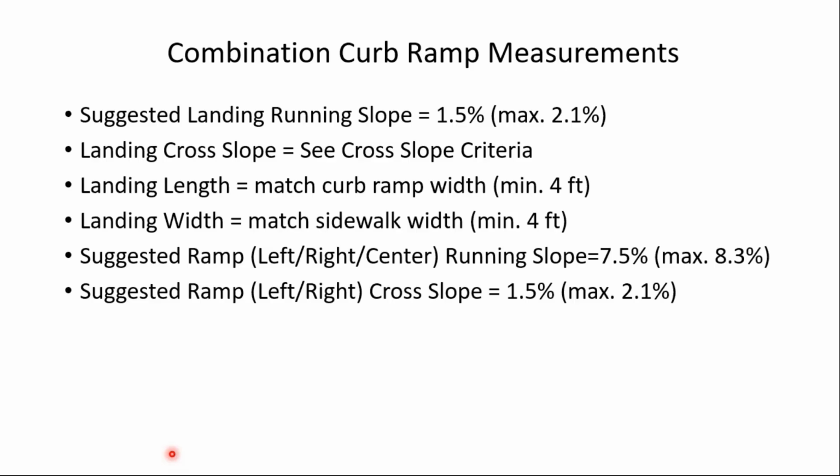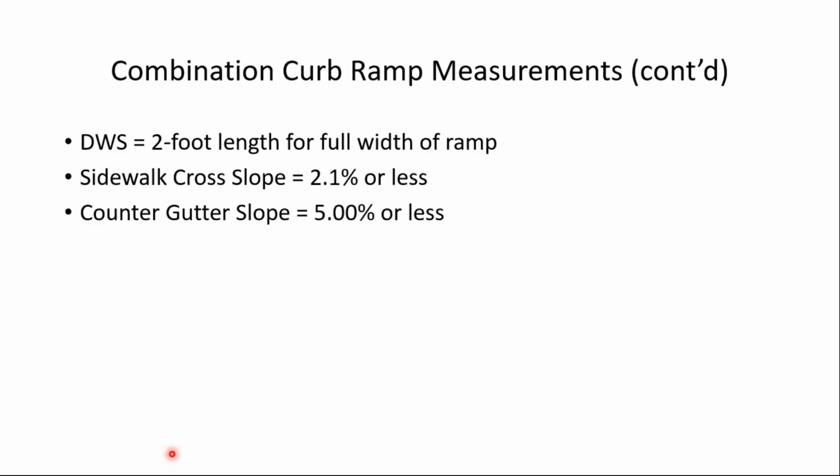And likewise for the ramp, design it, I would say, for 7.5%, so that when it's built, it won't exceed 8.3%. And again, we need a 2-foot length of detectable warning surface for the full width of the ramp, and the counter gutter slope should be 5% or less.